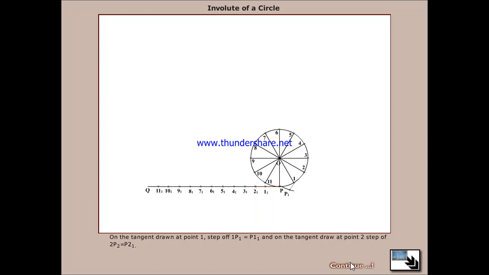On the tangent drawn at point 1, step off 1P1 equal to P11, and on the tangent drawn at point 2, step off 2P2 equal to P21.